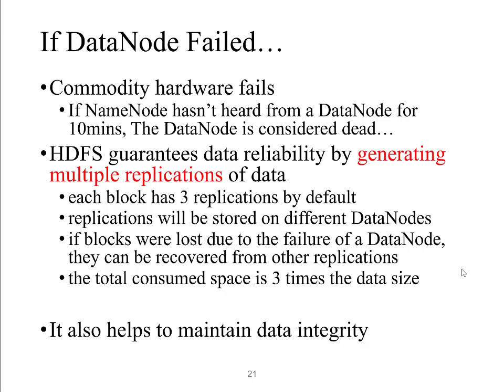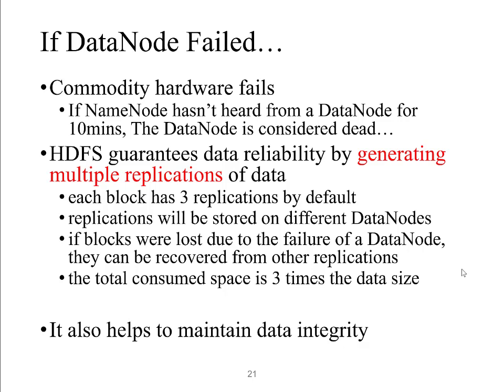I mean, commodity hardware fails more frequently than the hardware for name node, right? So how do we define a failure of a data node, or how does a name node judge if a data node has failed?